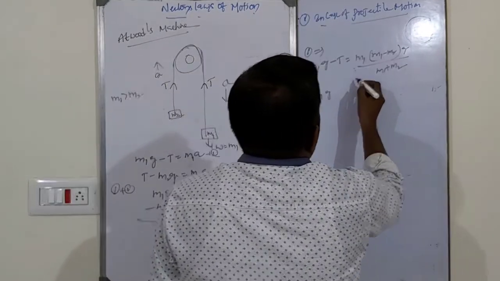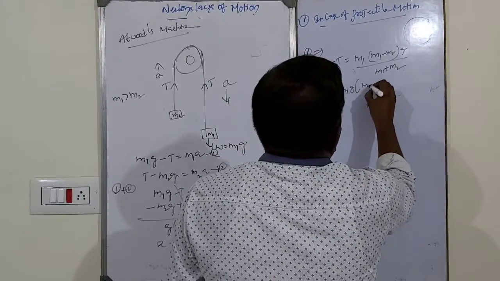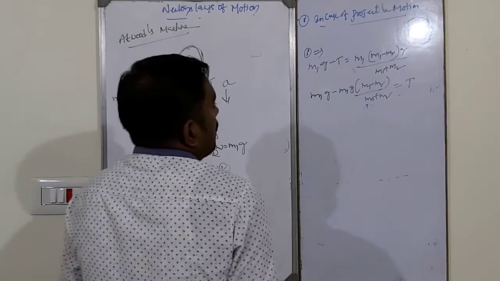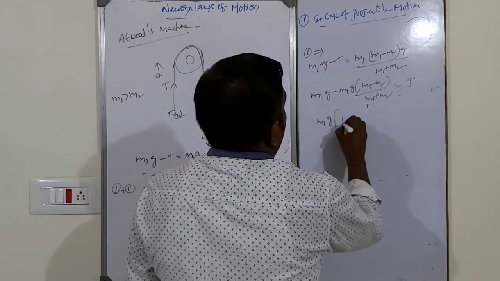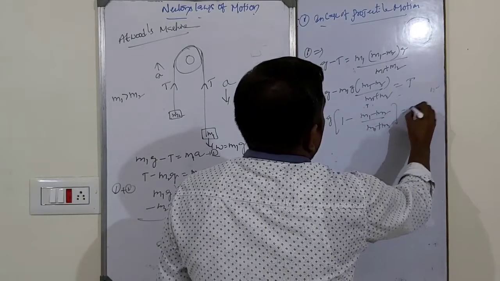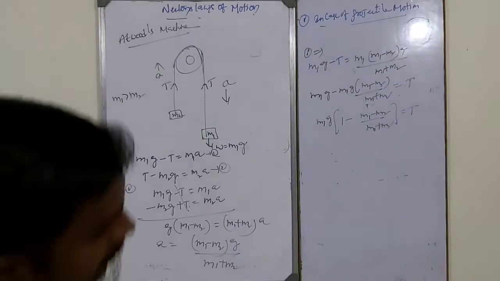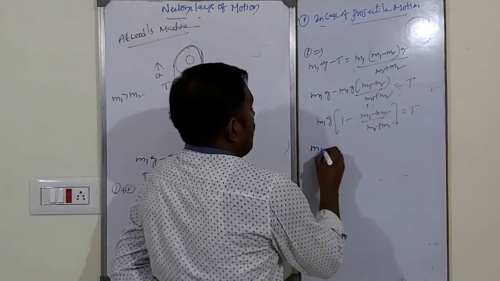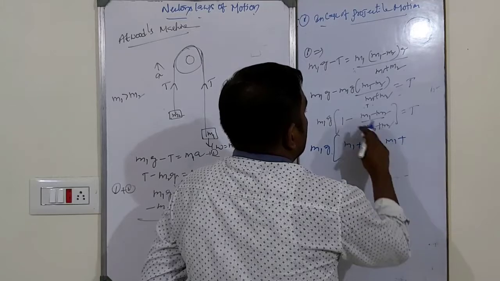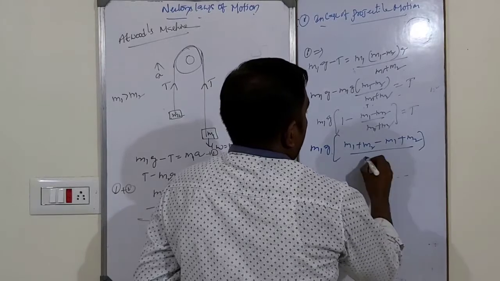So, taking the tension term, M1G minus M1G times M1 minus M2 by M1 plus M2 is equal to T. M1G will be common: 1 minus M1 minus M2 by M1 plus M2 is equal to T. So M1G times M1 plus M2 minus M1 plus M2, divided by M1 plus M2.